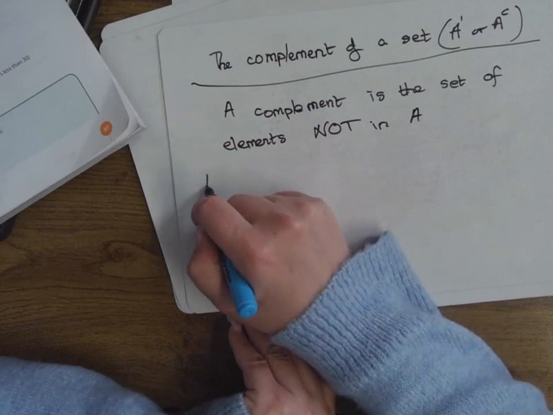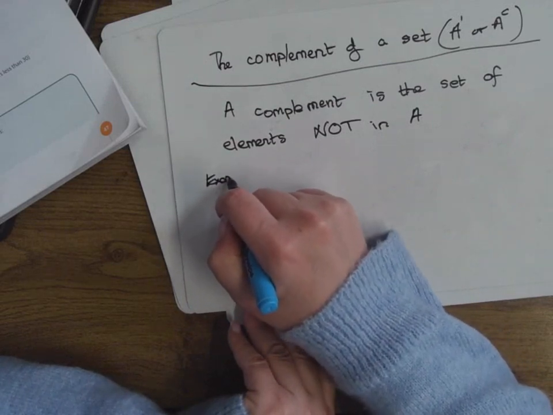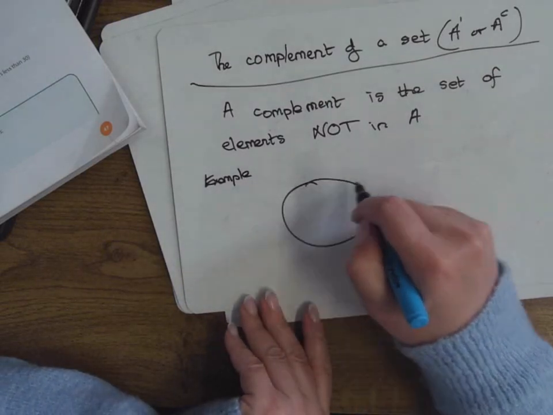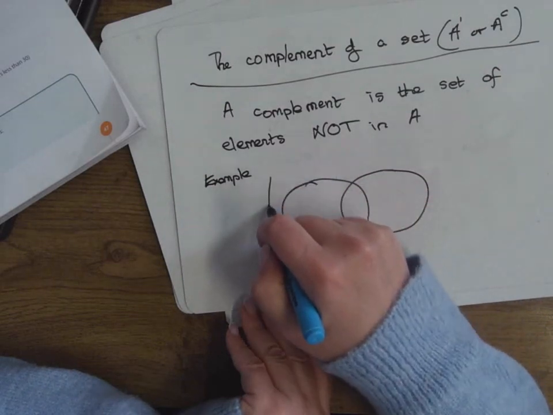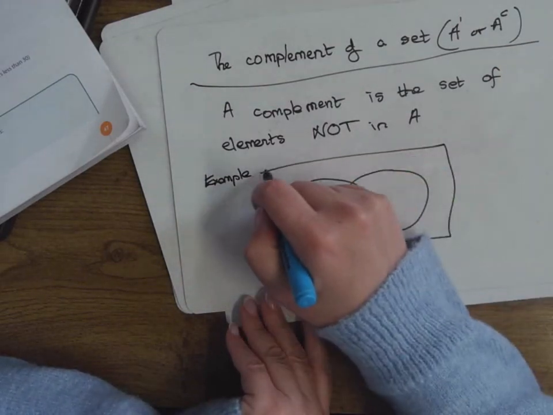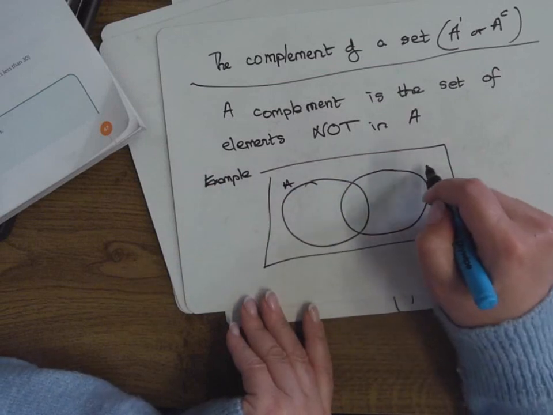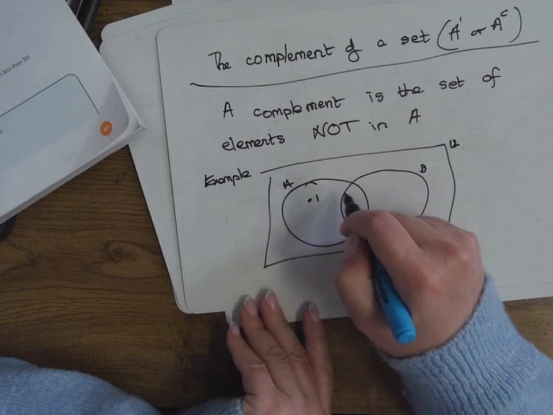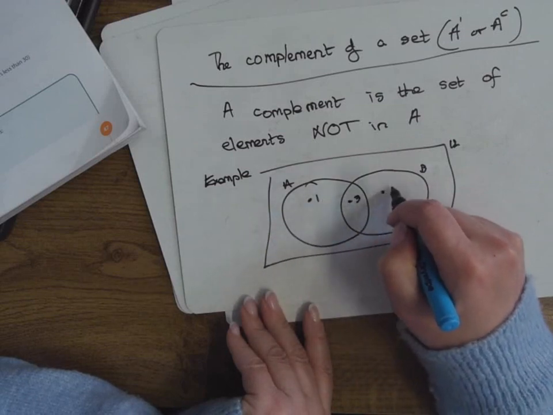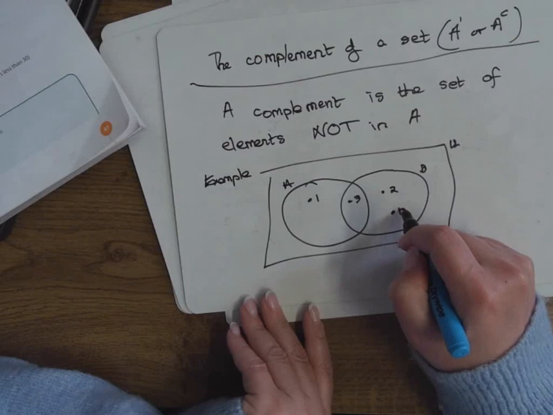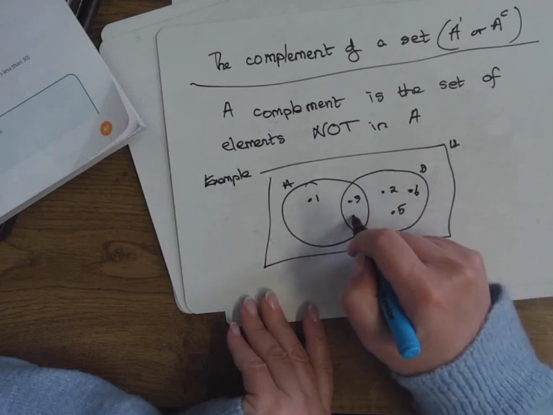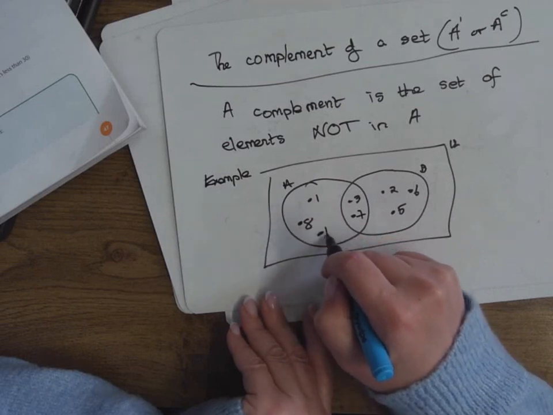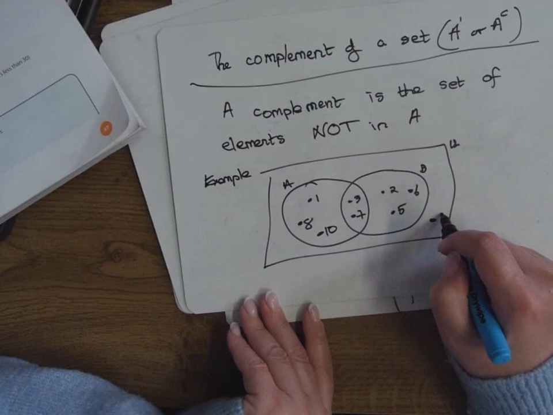So if I do an example, I call that set A, this is set B, and this is the universal set, and I'll go 1, 3, 2, 5, 6, 7, 8, 10, and 9 on the outside.